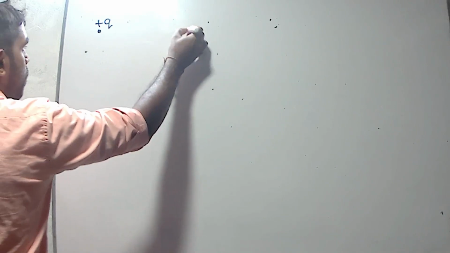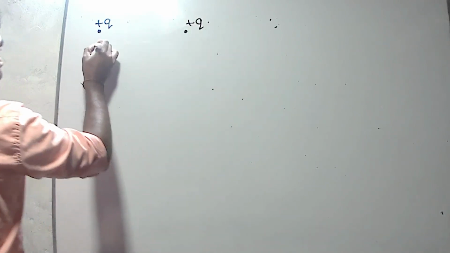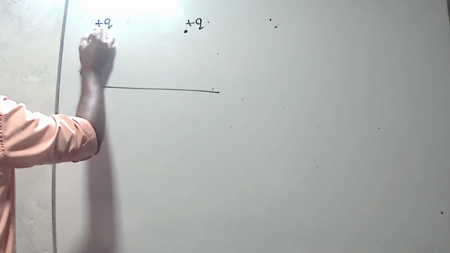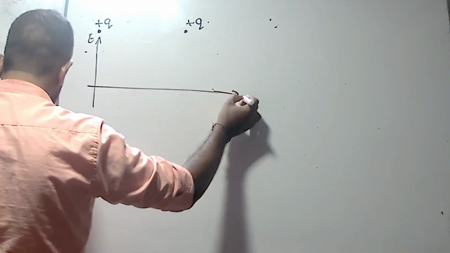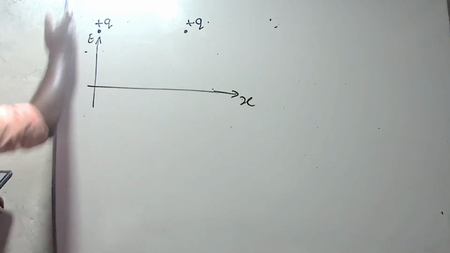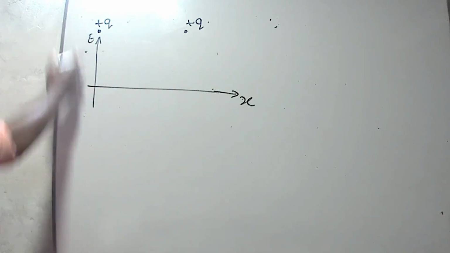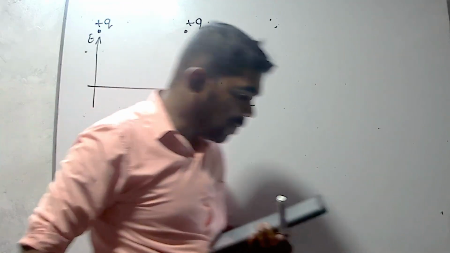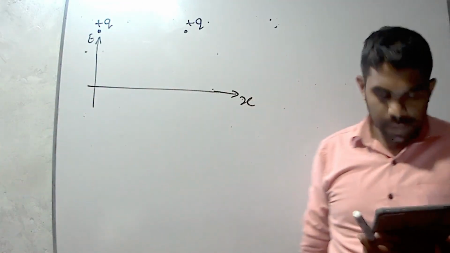There are two charges, both are plus q charges. We have to get the variation of electric field intensity with distance. It is given that the x value is 0 at the position of the charge on the left-hand side.